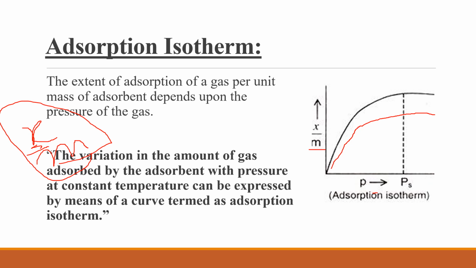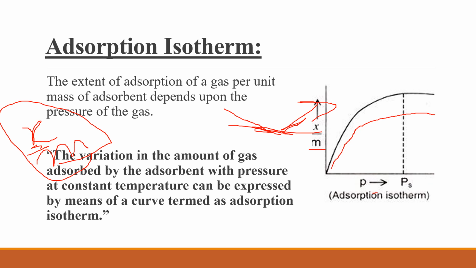Since we know that adsorption is a reversible process, as adsorption starts on the surface of the adsorbent, after some pressure, when the extent of adsorption is maximum, desorption of the gas molecules also takes place.